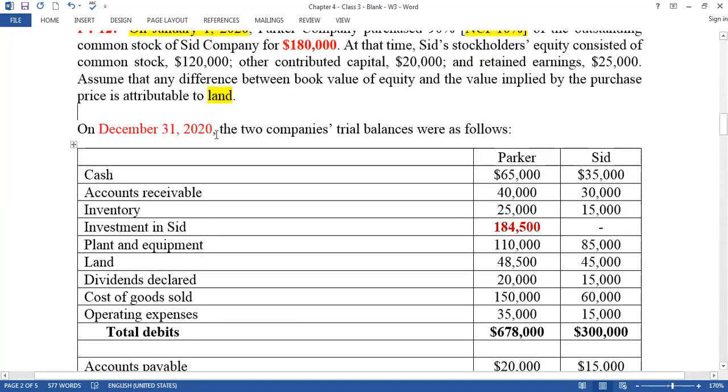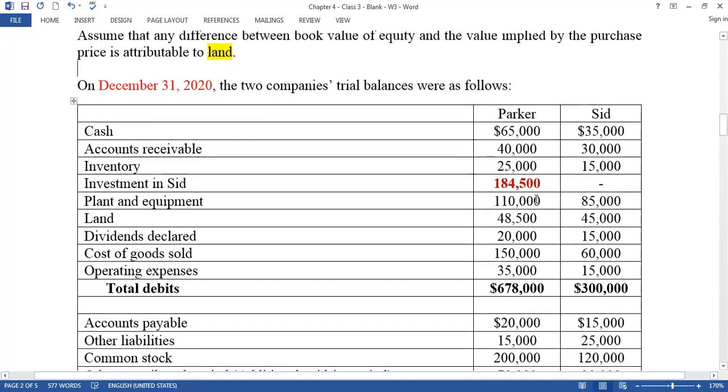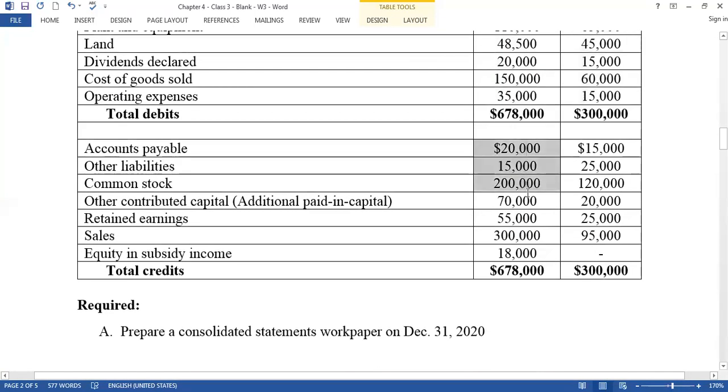And one year later, December 31st, 2020, we have the following balances. These are Parker company's assets, expenses, and dividend. This is the subsidiary company's assets, expenses, and dividend. This is the Parker company's liabilities and equity, sales, equity income, and this is the subsidiary.